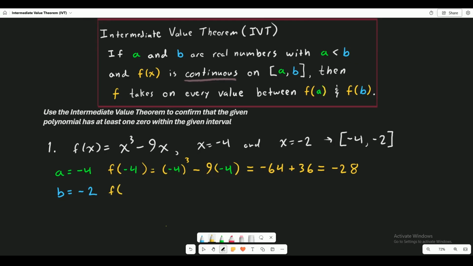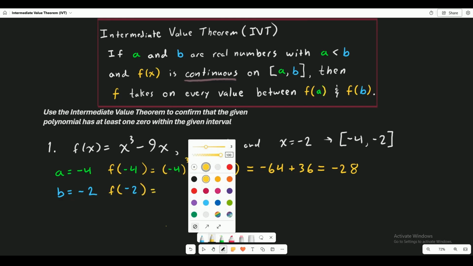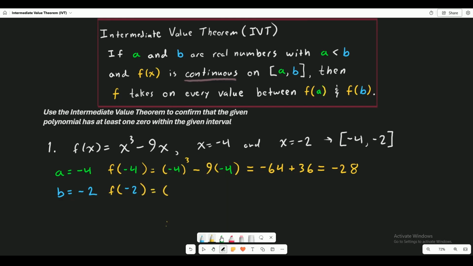So f of -2 equals -2 to the power of 3 minus 9 times negative 2. Just like that. Okay? Oh, I forgot to state earlier.